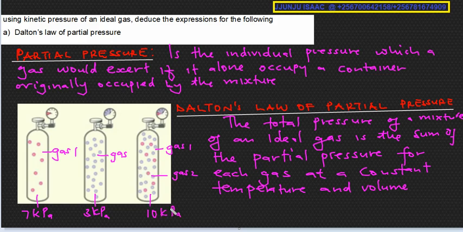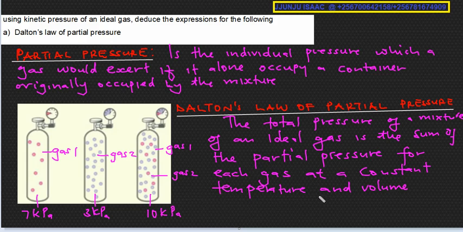So this is the total pressure exerted by the mixture of gas. So the pressure of gas 1, we have seen 7 kilopascals, that of gas 2 to be 3 kilopascals. So these are the partial pressures, the pressure which the gas would exert if it alone occupied the vessel. Now the total pressure is the sum of these partial pressures, and that is Dalton's law.